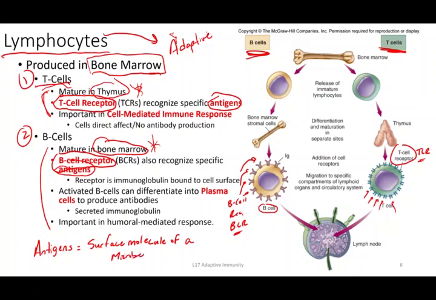So that could be a bacteria, it could be a virus, it could be a fungus. And all we're saying is on the surface of a bacterium, for example, there can be a unique molecule that could be an antigen that our immune system might recognize as foreign. And that could trigger an immune response.